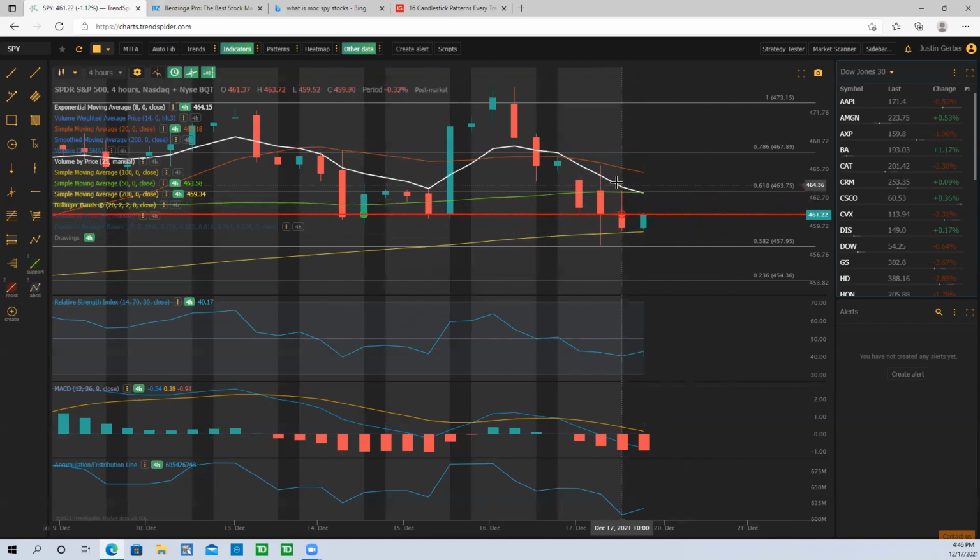If we want to look up though, an area that I would have looked up to today, which it did touch, was kind of like this gap down, right? So if we wanted an area level up, we could have used 465.95, or we could have used the body, which was 466.44.